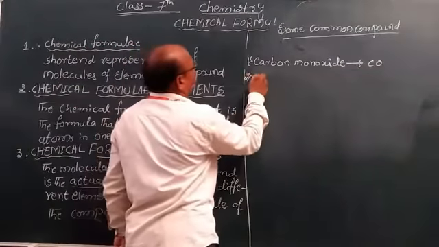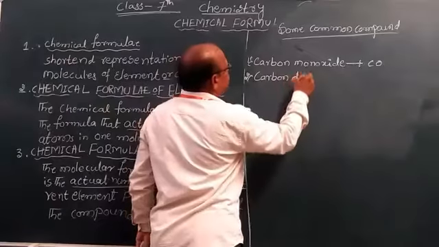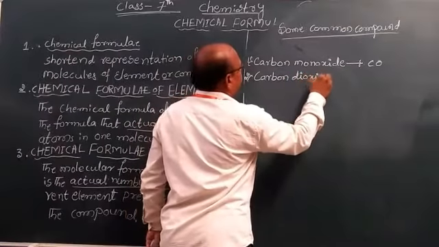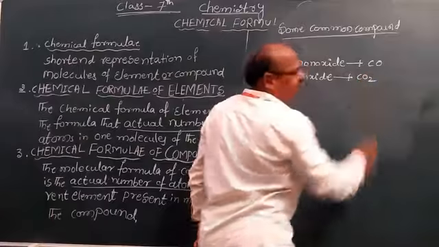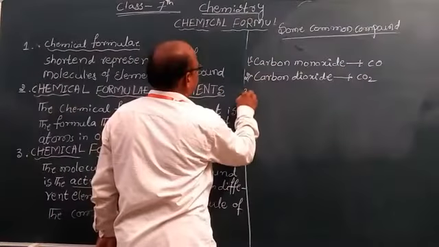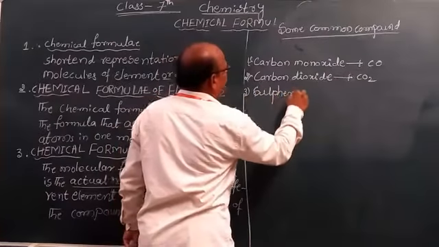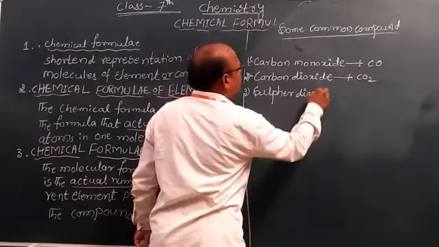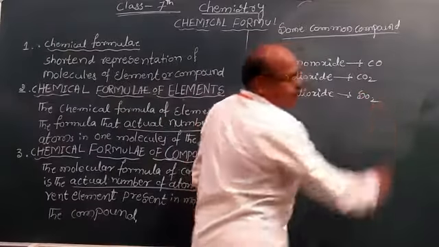The second one is carbon dioxide. What is the chemical formula of carbon dioxide? CO2. Then sulfur dioxide, which is SO2.